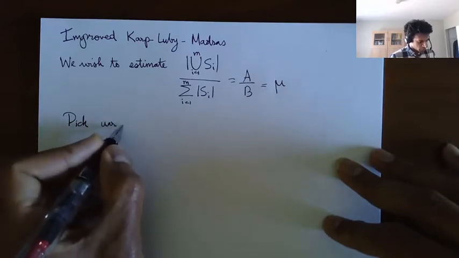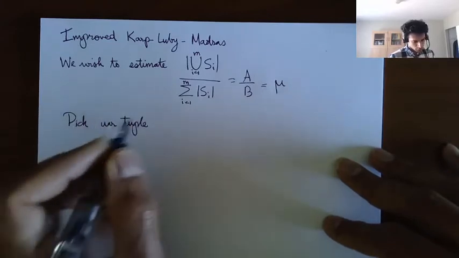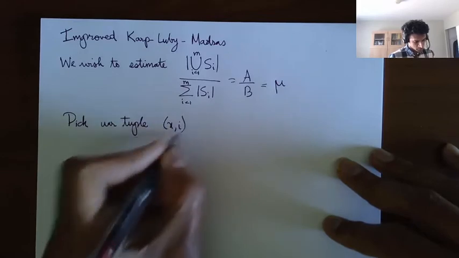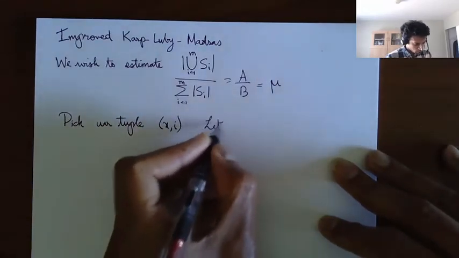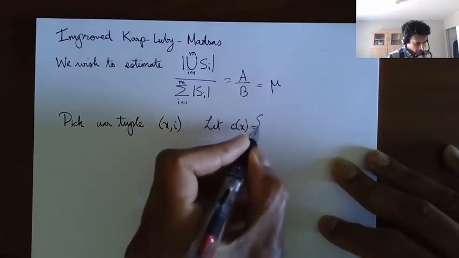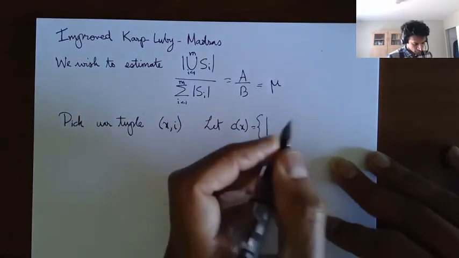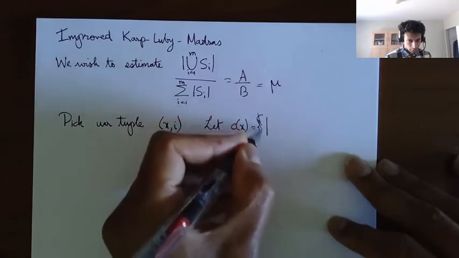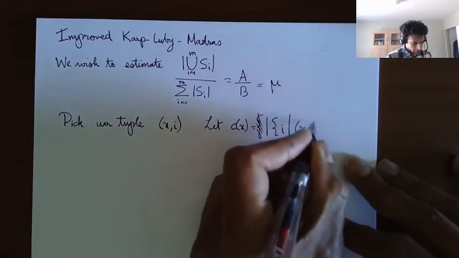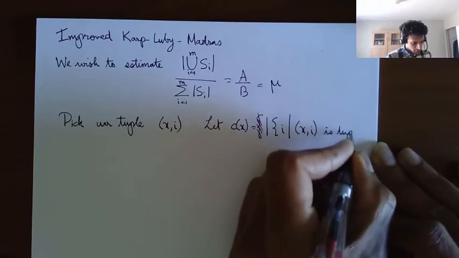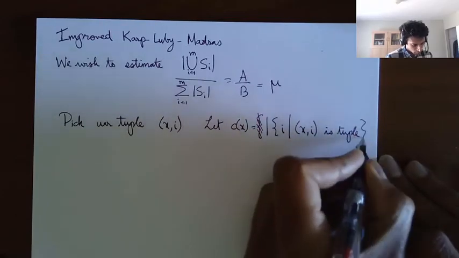Pick a uniform random tuple (x, i). Now let the count of x be, actually the other way around, the number of i such that x is in S_i. What does that mean?